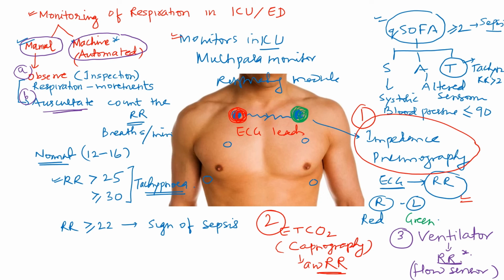Machine can be of 3 types, 3 techniques: impedance pneumography, which is the most common way of monitoring the respiratory rate on multi-para monitors, which are available in all ICUs. The second technique of automated RR monitoring is EtCO2, and that will give you airway respiratory rate. And the third way is the ventilator, which will be able to monitor the respiratory rate using the flow sensor. So these 3 techniques of machine or automated way we have discussed.